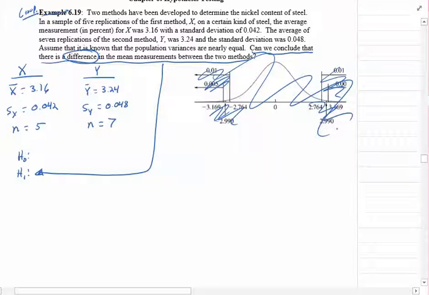But later on, it'll be easier. We have 4 degrees of freedom in this one right here, there's 60 degrees of freedom in this one.